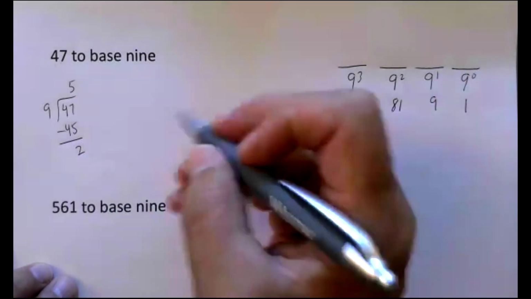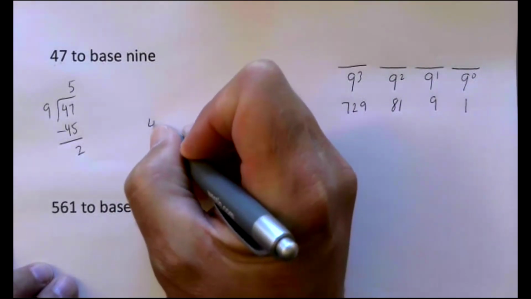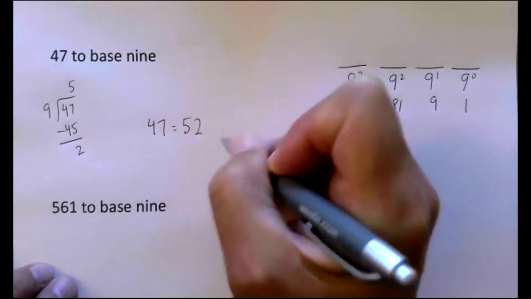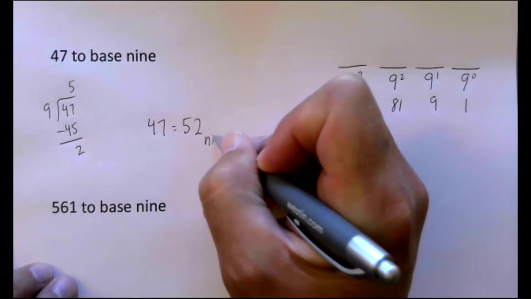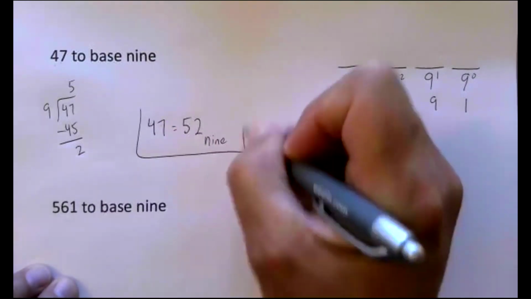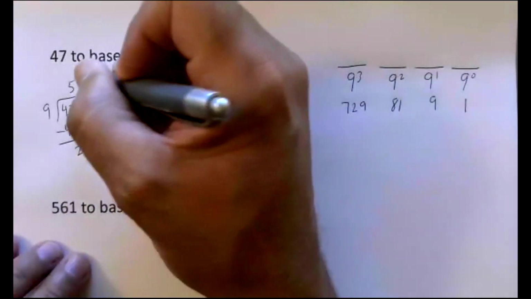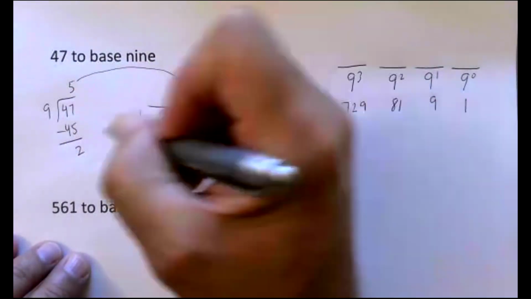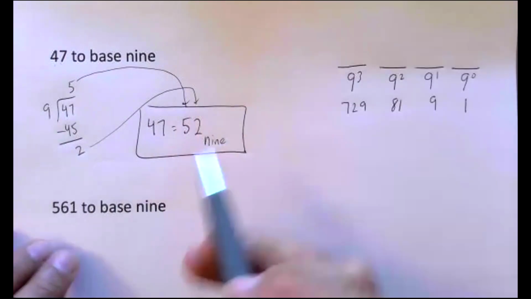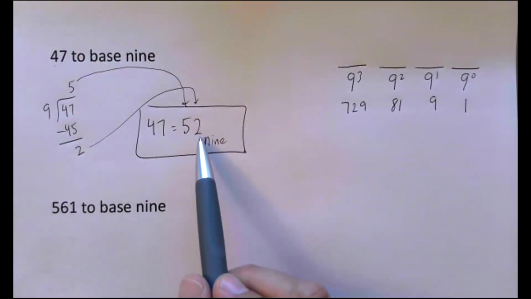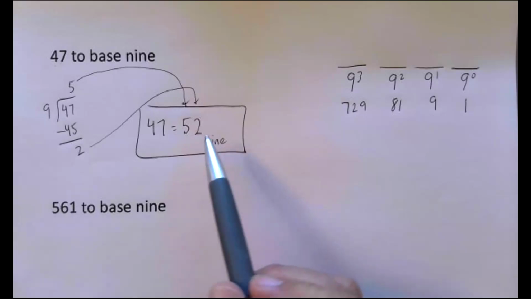We're actually finished already with this problem. 47 is equal to 5, 2 in base 9 land, right? 47 equals 5, 2 base 9. In other words, 47 equals 5 sets of 9 plus 2 sets of 1.